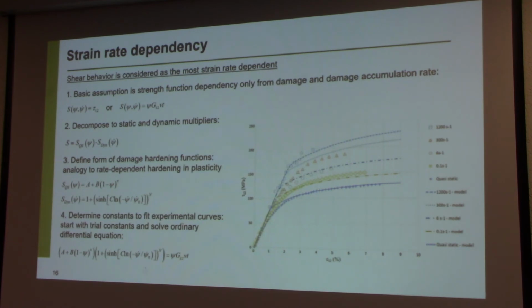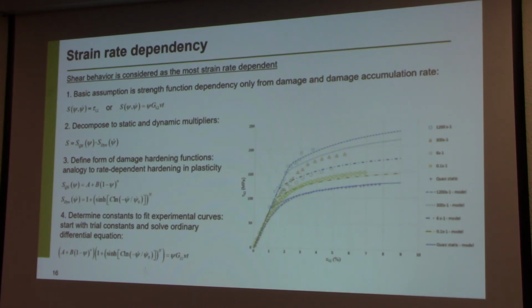And the final effect that I would like to consider is the strain rate dependency, and the idea how to capture it. The basic assumption is that strength function has dependency only from the damage parameter and the damage rate.